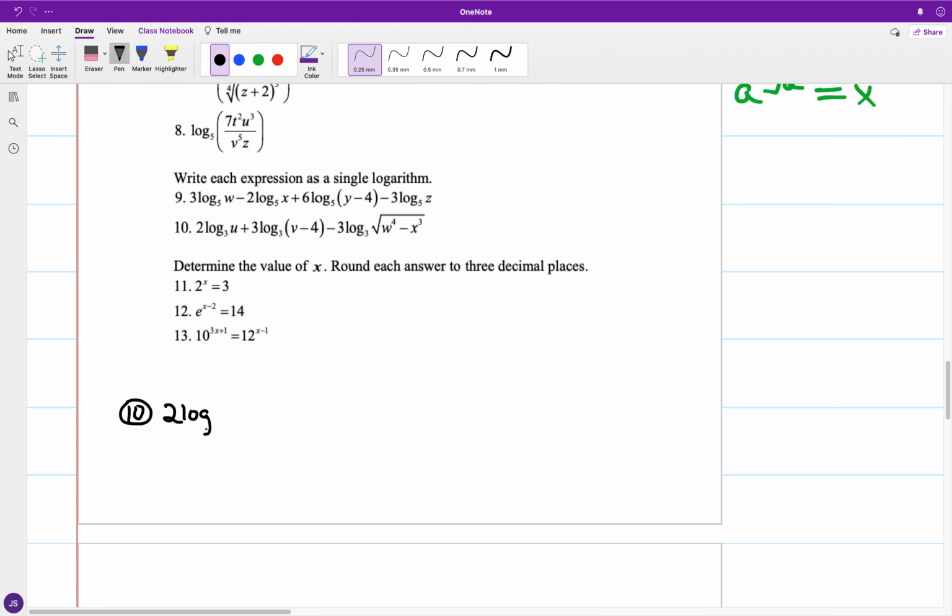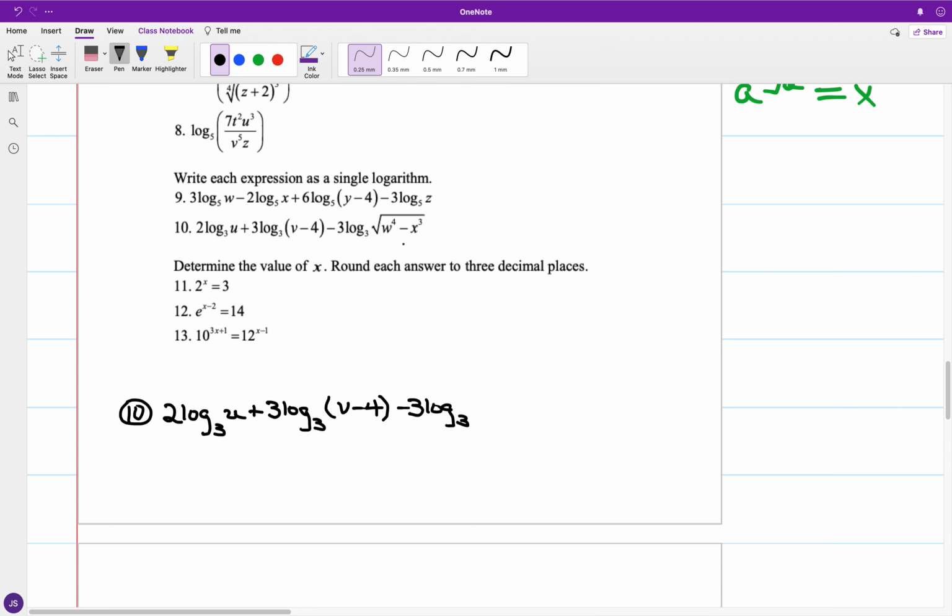So we still have 2 times the base 3 logarithm of u, plus 3 times the base 3 logarithm of the quantity v minus 4, minus 3 times the base 3 logarithm.